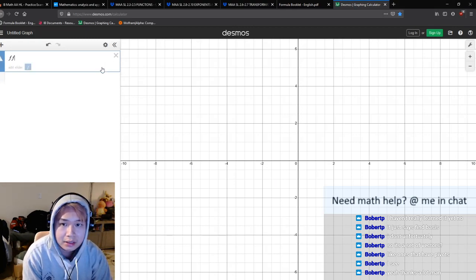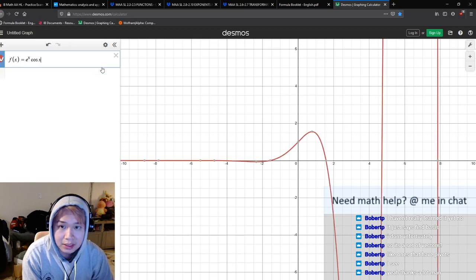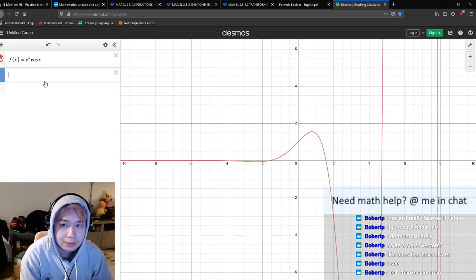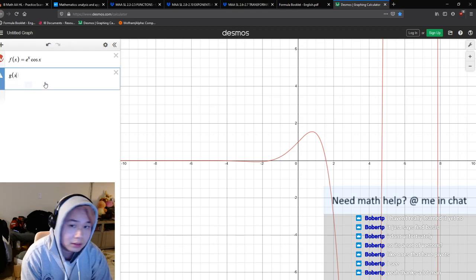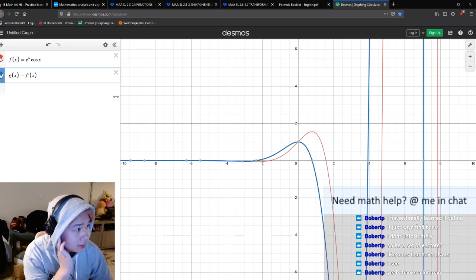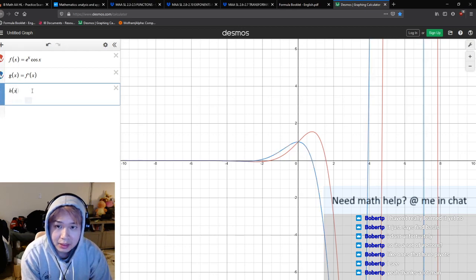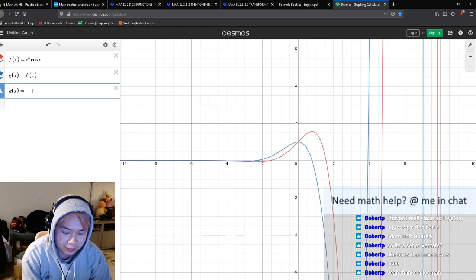Okay, let's say that we have our function f, which is e to the power of x cosine x. Okay, and then g, I'm gonna call f prime. And then I don't necessarily need the graphs. Desmos can do derivatives for me. H is the derivative of g. Actually, can I write it like this?